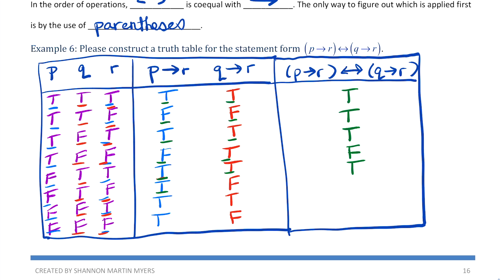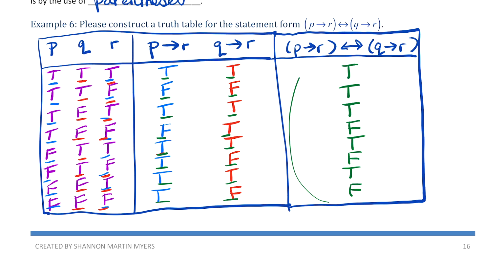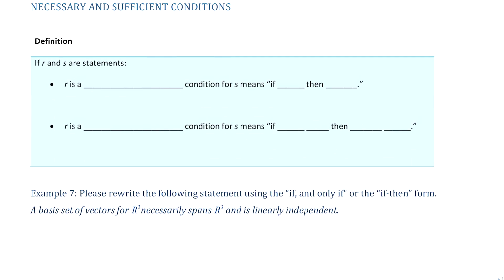A true and a false is false. True and a true is true, and true and a false is false. So these are the final result of the truth. Well, it's a whole truth table, but those are the truth values for that last statement. All right, so almost done.